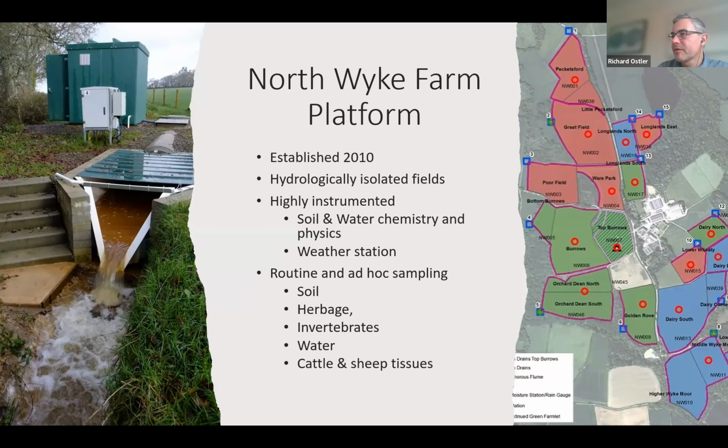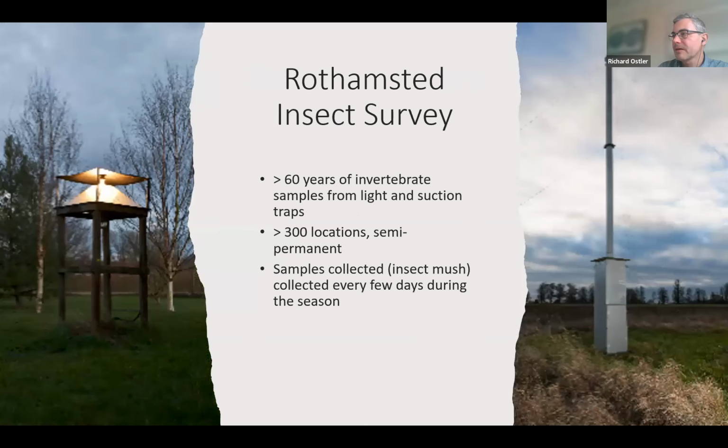So the Northwick Farm platform is our first example. The people on Zoom will be able to see the slides, I think, still. So the second example is our insect survey. It's quite different. It's been running for 60 years. It's a network of light traps and suction traps across the UK. A suction trap is really just like a hoover that sticks up in the air and sucks insects in as they fly over.